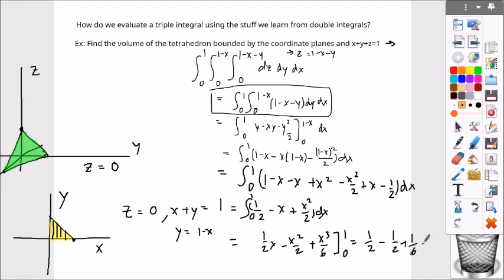And I can do minus 0 plus 0, but I think you get the point. So the volume is 1/6. And if you use traditional ways to calculate the volume, like 1/3 base times height, you will find out that the volume is also 1/6.